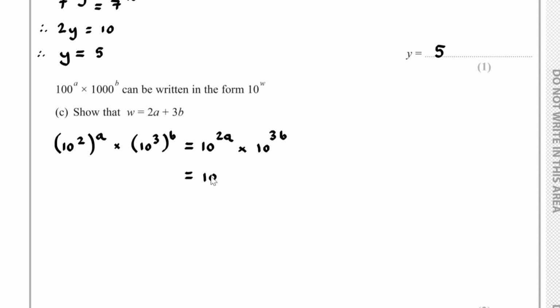So I've got 10 to the power of 2a plus 3b. And what you can see here then is 2a plus 3b is what w is. So we can conclude w equals 2a plus 3b.